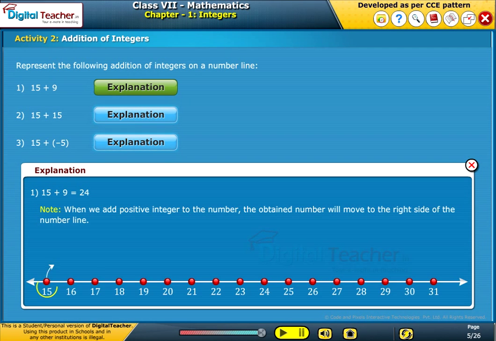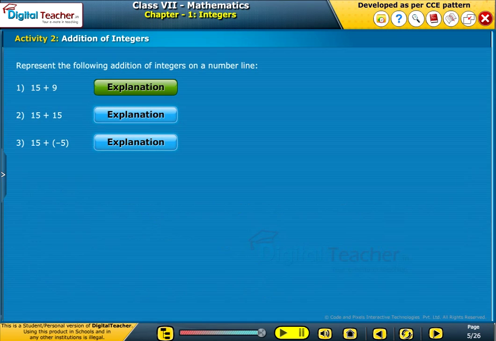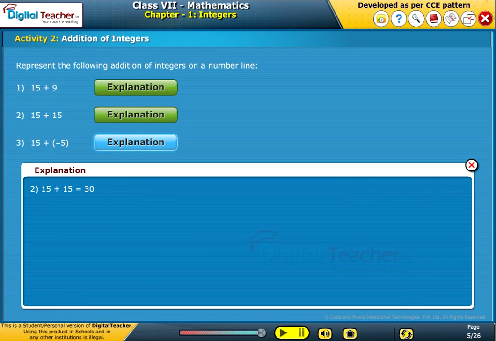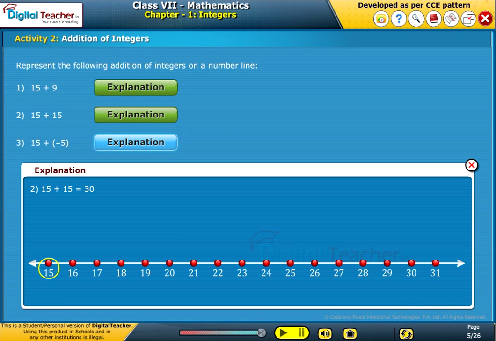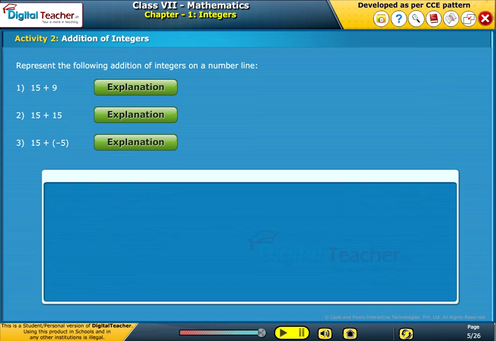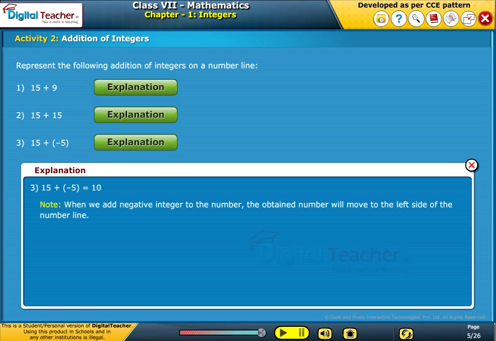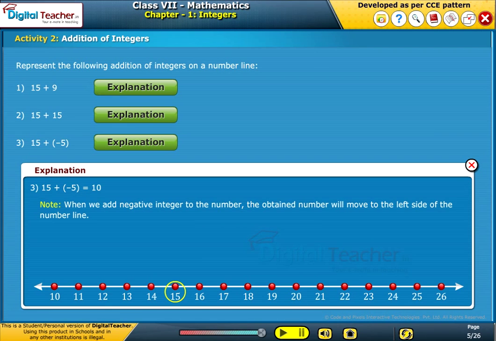Its representation is as shown on screen. Note: when we add negative integer to the number, the obtained number will move to the left side of the number line. Its representation is as shown on screen.